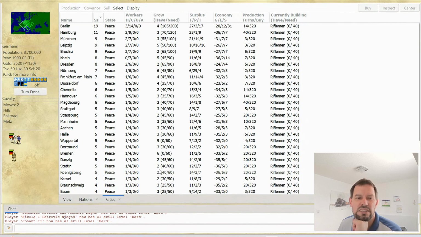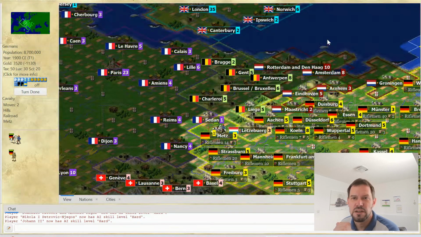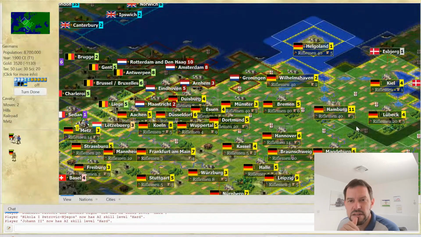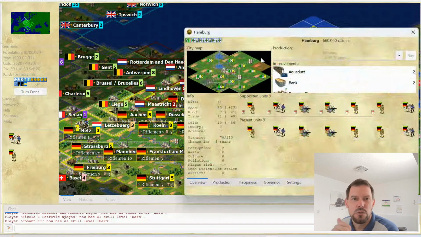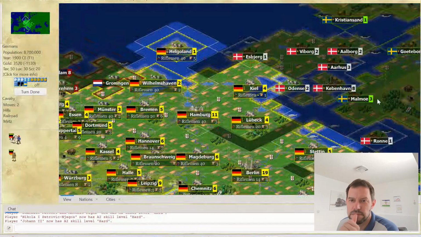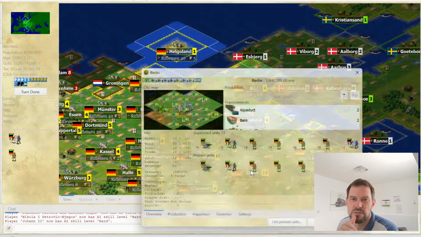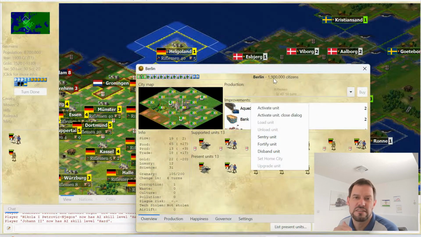So let's have a look at Berlin first and compare the number of inhabitants with Hamburg. If we go to Hamburg, we see here 660,000 citizens, which is about right. In Berlin, we see 1,900,000 citizens.